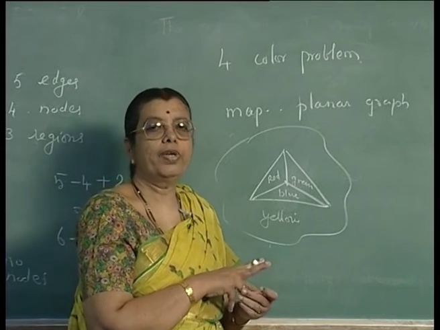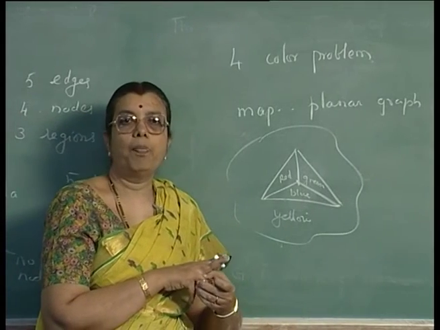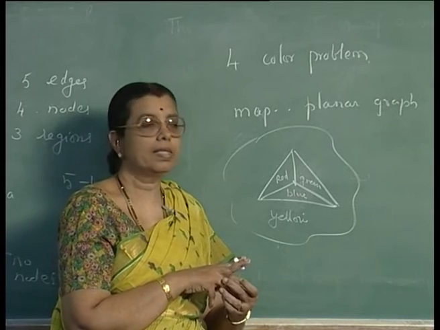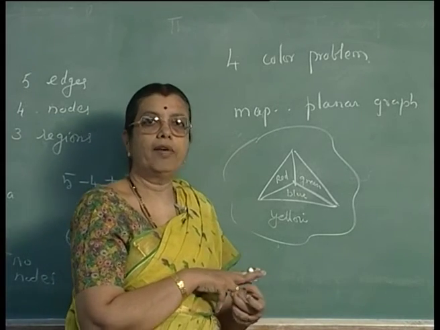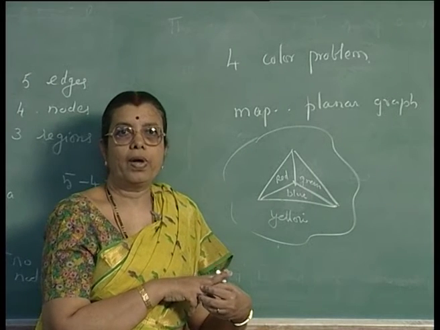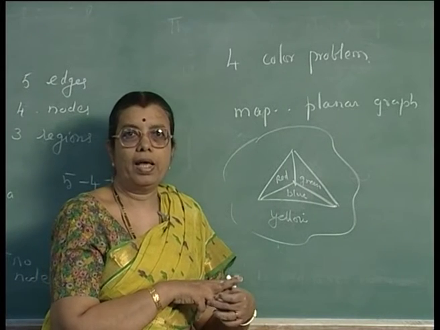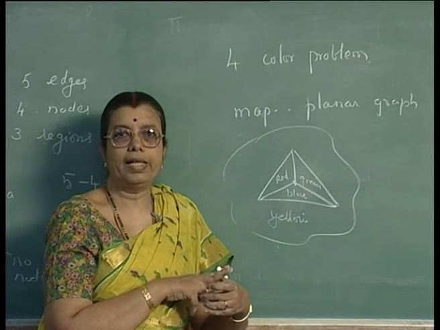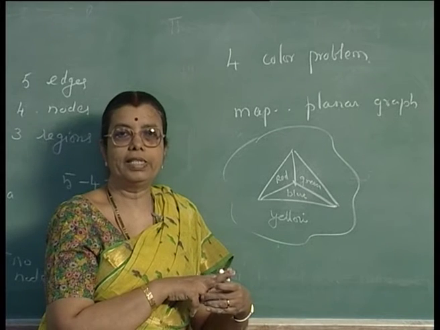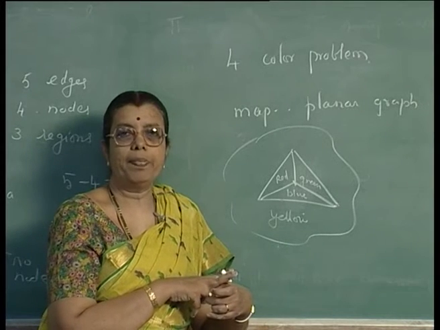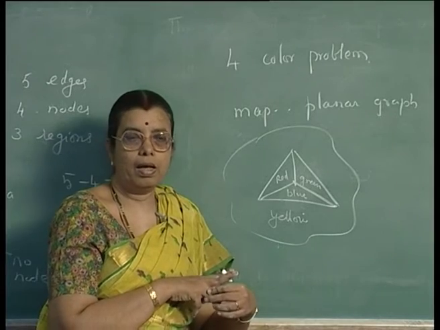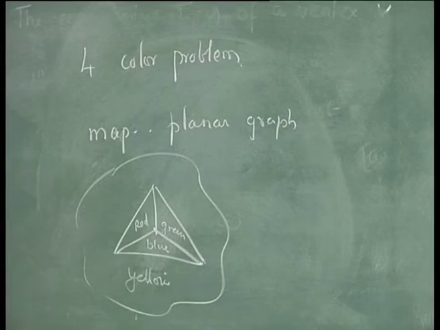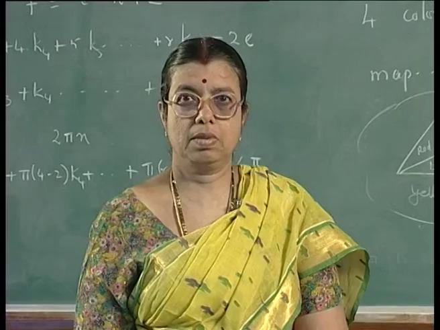But a few years back this conjecture has been proved to be correct. That is, 4 colors are sufficient to color a planar graph such that no 2 adjacent regions get the same color. This is the famous 4 color problem.